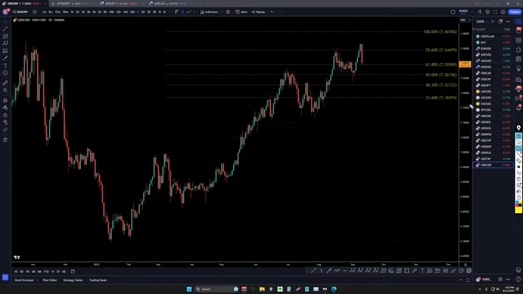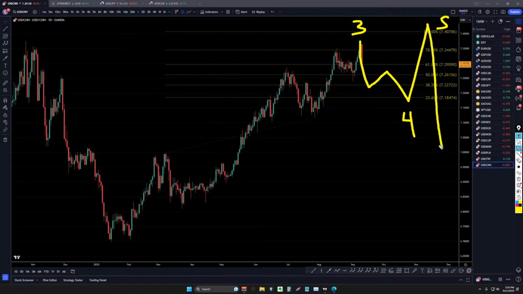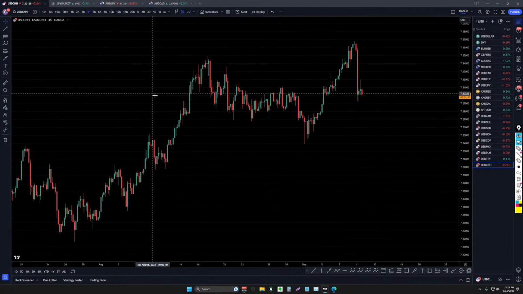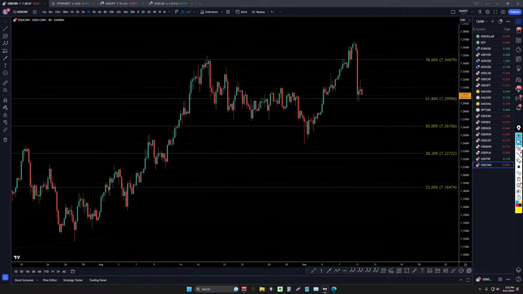It probably is going to continue down, but it's probably going to make another correction and then go up one more time for a wave 3, 4, 5. And then probably go down and break structure. Yeah, I think that the euro is going to go up and break that structure also. I bet this is going to keep going down.